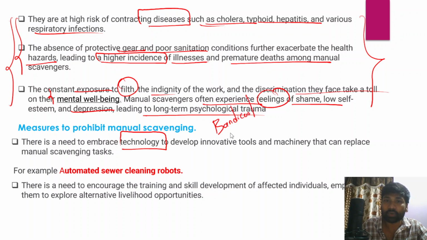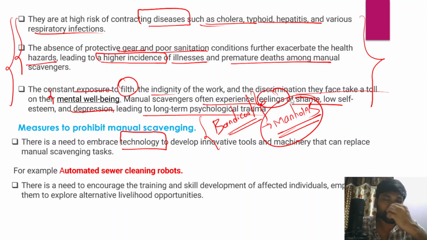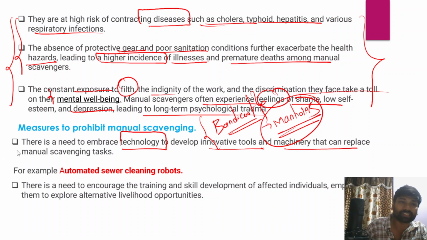So this Bandicoot is a robot, and that robot can be used to clean manholes, right? Such technological innovations are the need of the hour. So we need to develop innovative tools and even machinery that could actually replace manual scavengers and their tasks. For example, automated sewer cleaning robots.